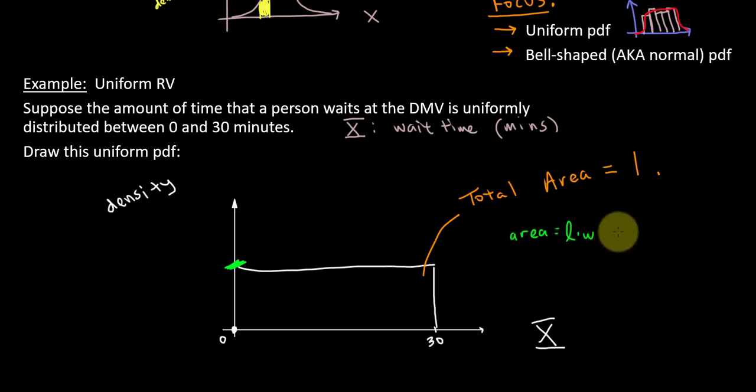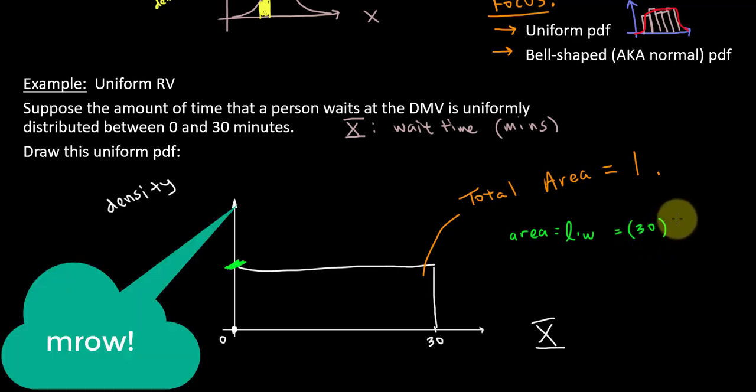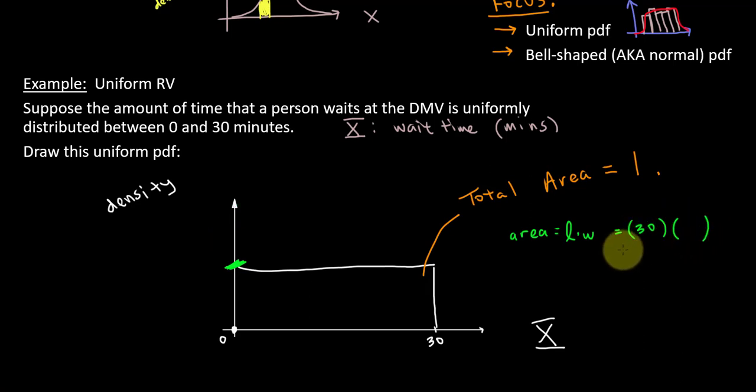We know the length is 30. So what must the width be in order for the area to equal 1? What's the width? Well, or the height.